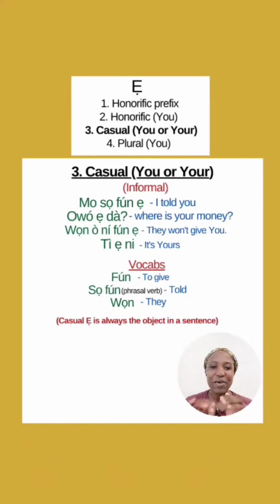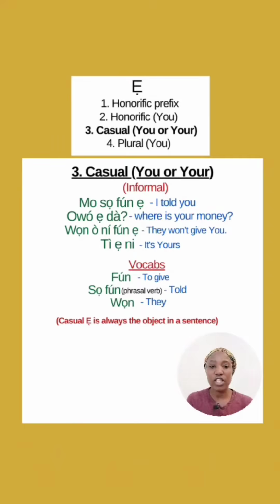So it's a little bit confusing to know when ẹ is honorific you or a casual you. So take note of that. When ẹ in the sentence is used as the object of that sentence, then it is casual. But if it is used as the subject of that sentence, then it is honorific.